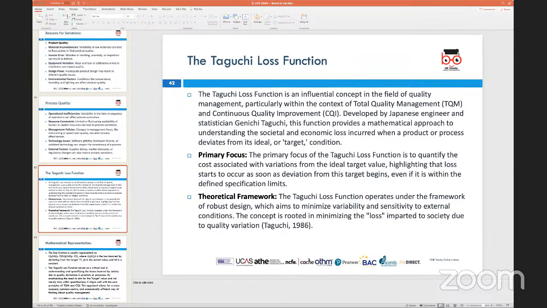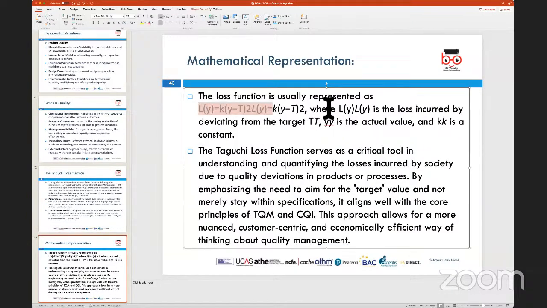And this cost can be calculated using the mathematical formula he gave us, called the Taguchi loss function. Is that okay?